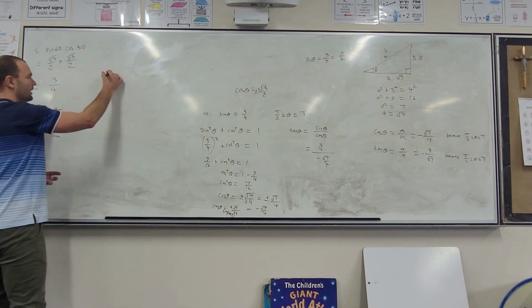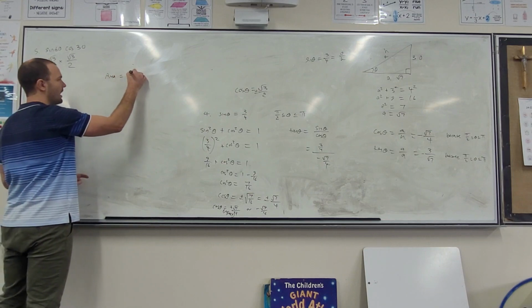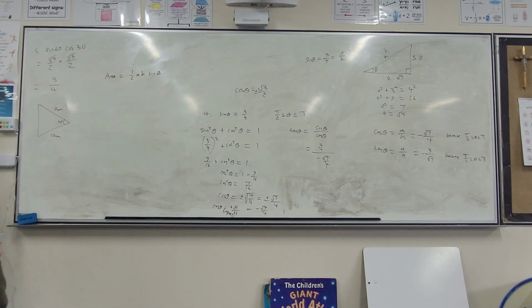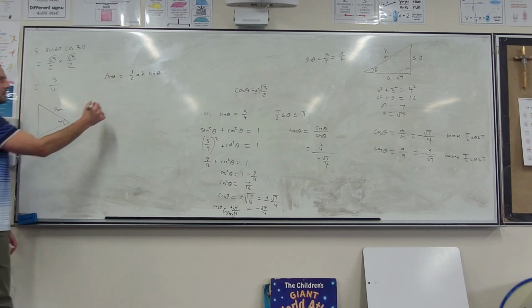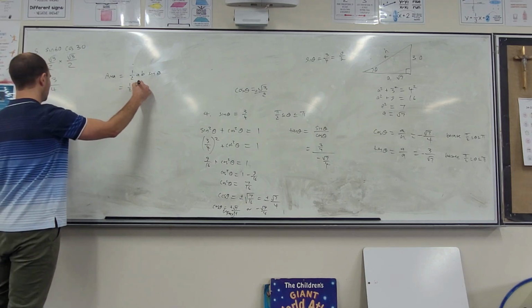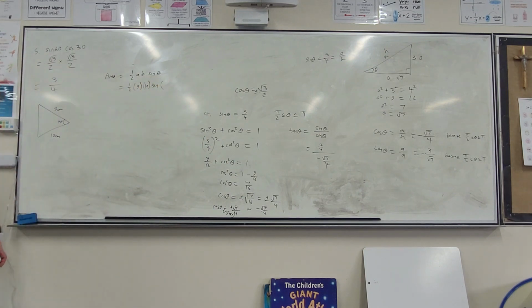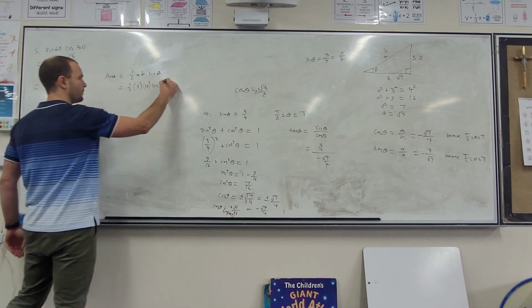The area is half ab sine theta, where a and b meet at angle theta. So this is side a, this is side b, this is angle theta. So that's going to be half times 9 times 10 times sine of our angle, which is in degrees, so our calculator must be in degrees at this point.